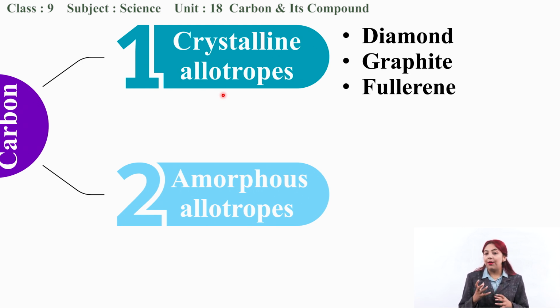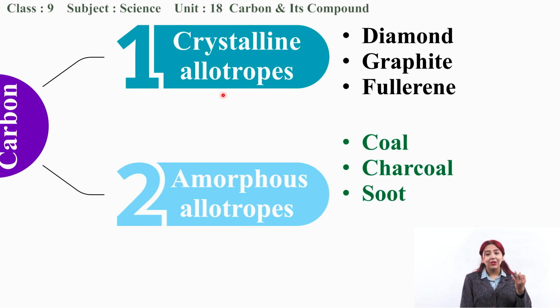Now what is an amorphous allotrope? Yes, the allotropes that do not have a specific geometrical shape, where the atoms are arranged in an irregular fashion, are known as amorphous allotropes. Can you tell me a few examples of amorphous allotropes? Yes, those are coal, charcoal, soot, etc.